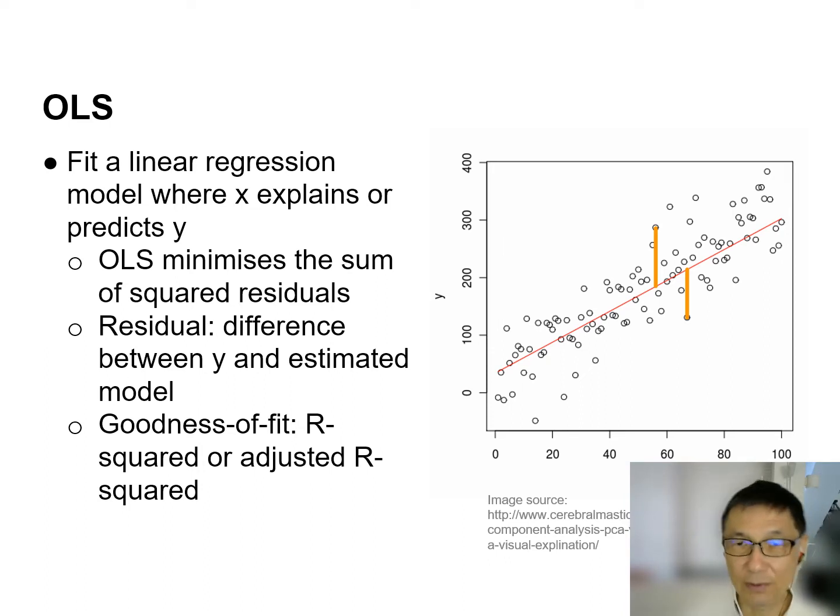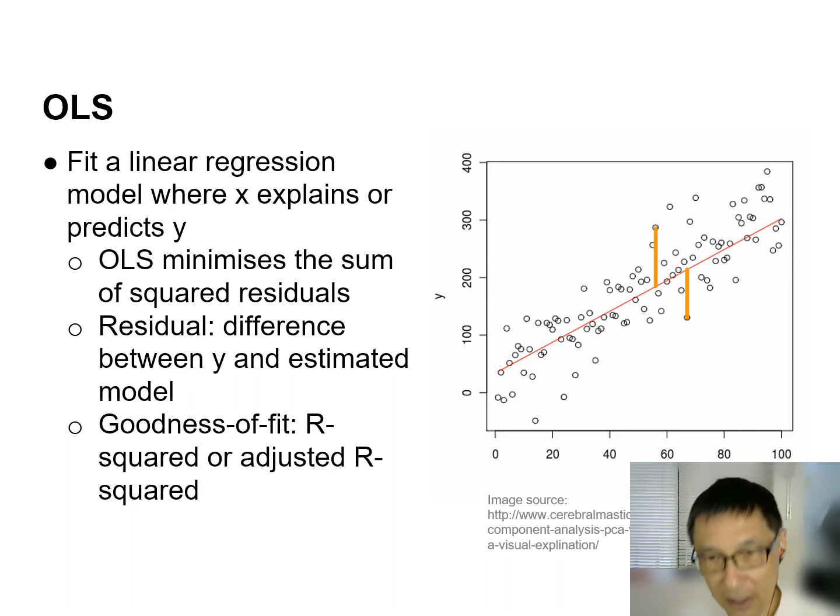Plotting all of these points, ordinary least squares plots a linear relationship called the regression line between the Y and the X. Now, there are many possible lines that one could draw. OLS chooses the line which minimizes the sum of the squared residuals.